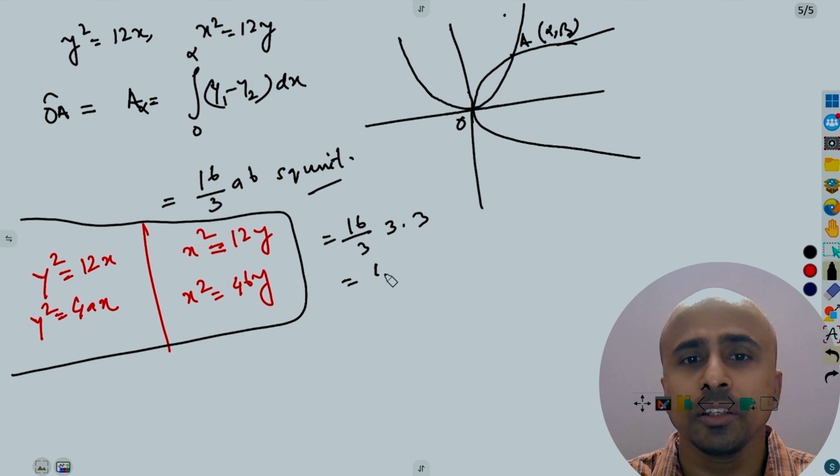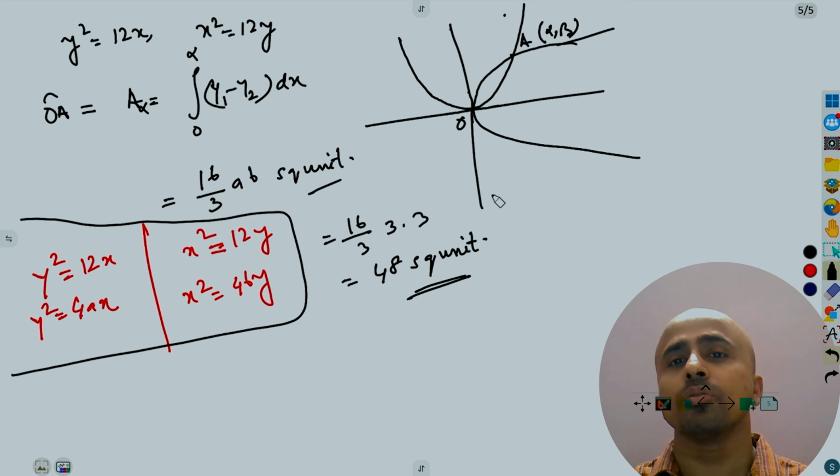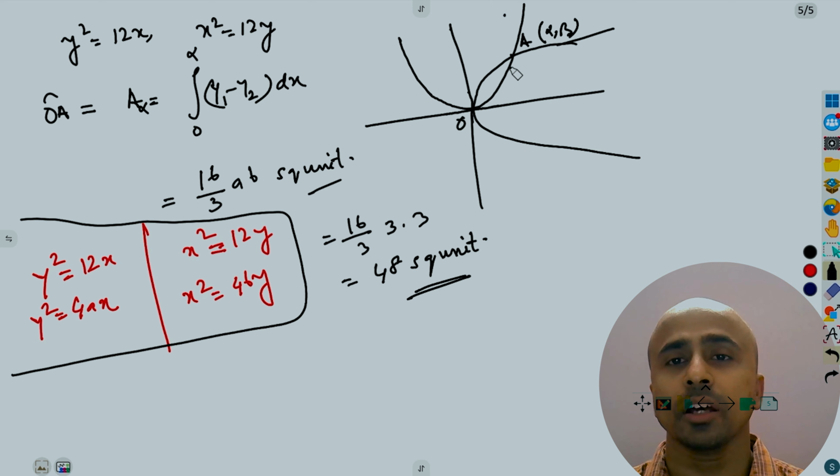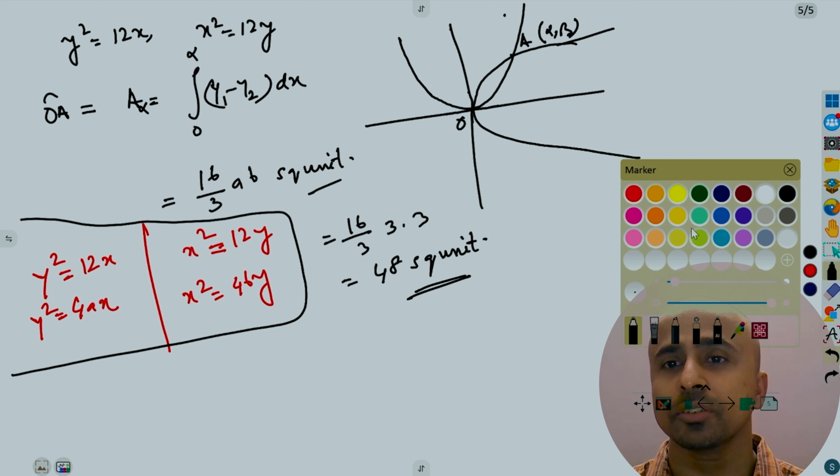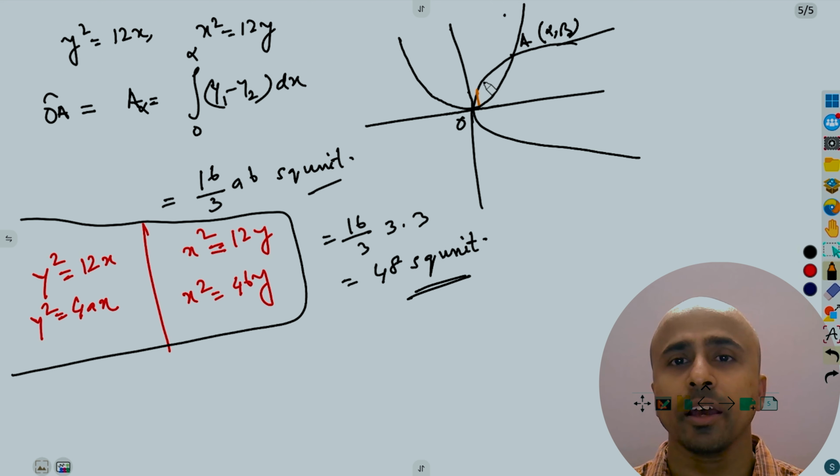So this is basically 48 square unit. So we obtain the area of this orange region as 48 square unit.